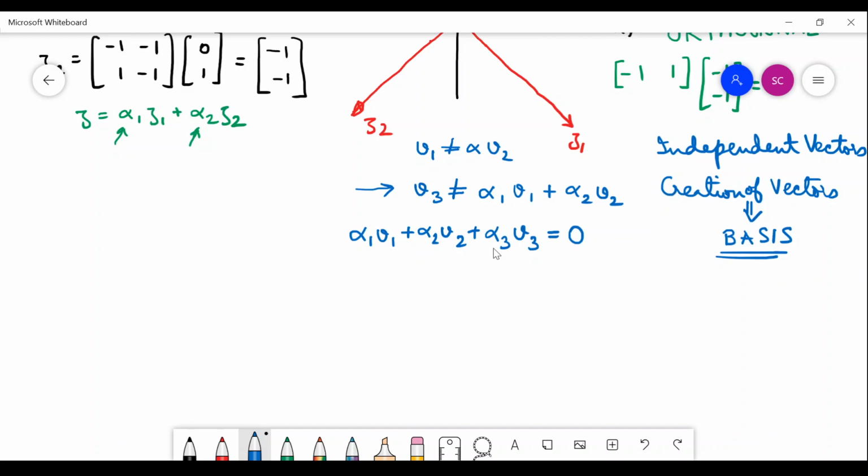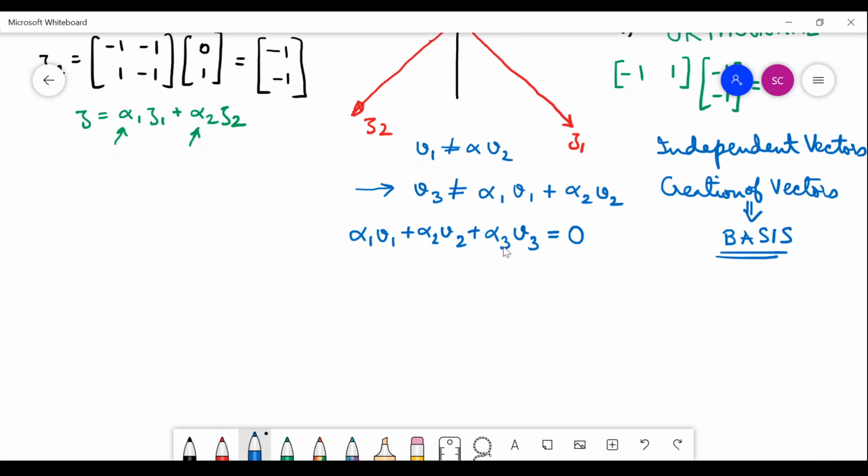You should not be able to get that. That means this particular equation should only be satisfied by zero alphas. So all these alphas must be 0. Only then can we say that v1, v2, v3 are independent vectors. If you can obtain some non-zero alpha, then this would be a dependent set of vectors.